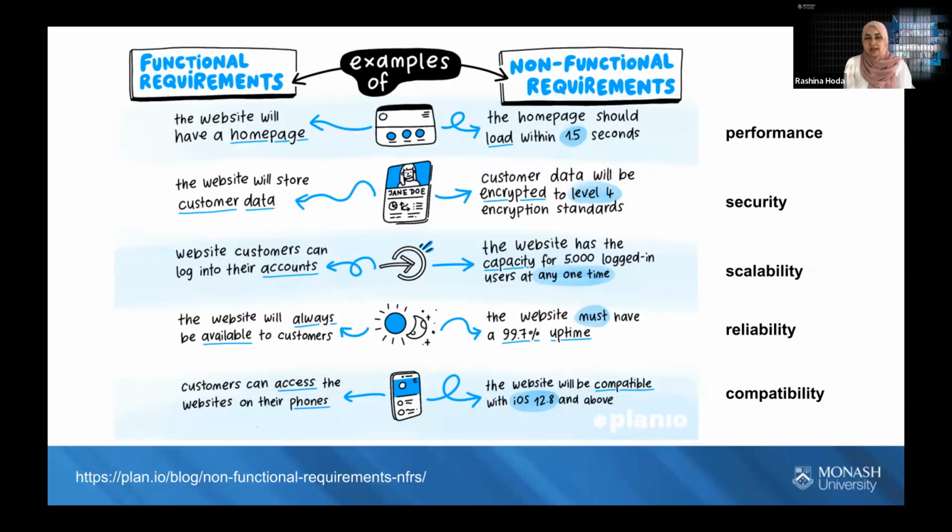What's behind that, or related to it, is the idea of compatibility. The customer might say the website must be compatible with iOS 12.8 and above, or whatever the latest and above is. That refers not to accessibility, because that's not what we mean by accessibility, but more to compatibility with different platforms.